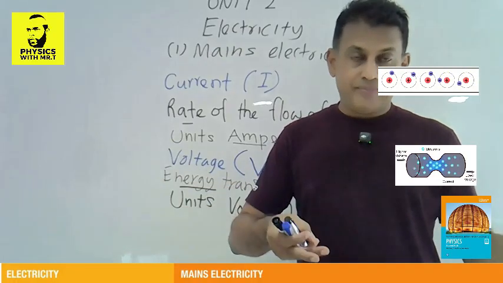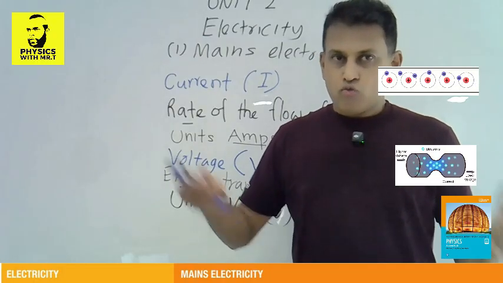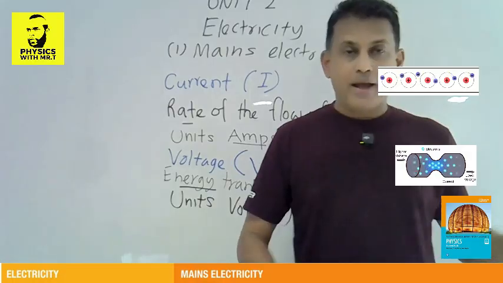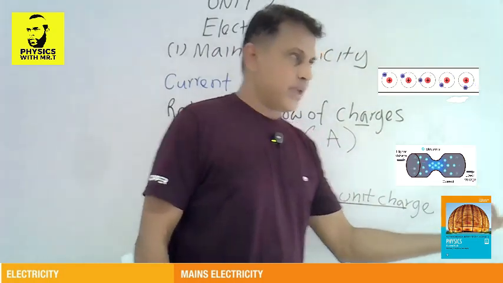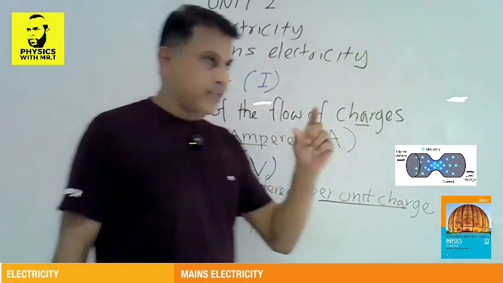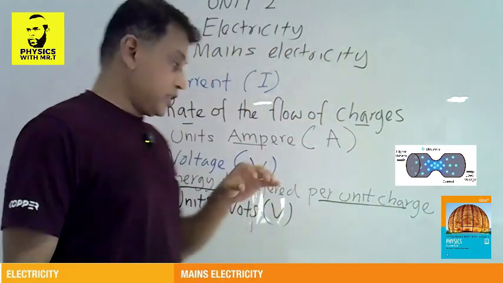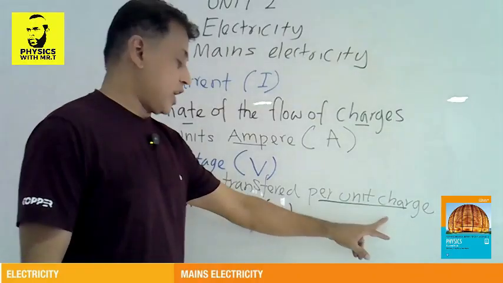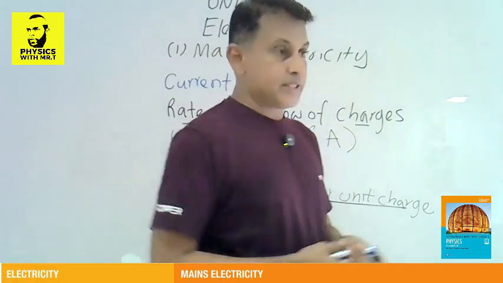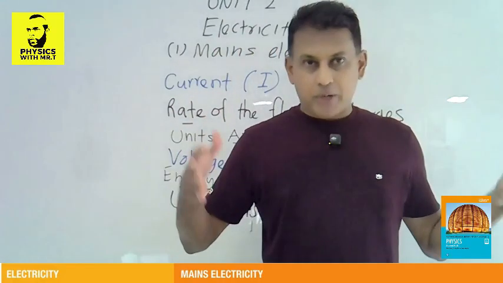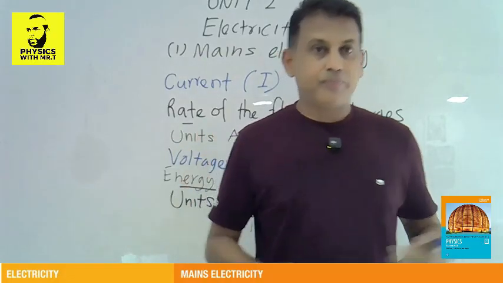The lower the pressure, the lower the water flow. In the same way, if the voltage is higher, then more current passes per unit time. So we consider it as the energy transferred per unit charge. For one unit of charge, the energy transferred is the voltage, or basically we can consider it as the pressure of the electrons when they flow in a medium, right?